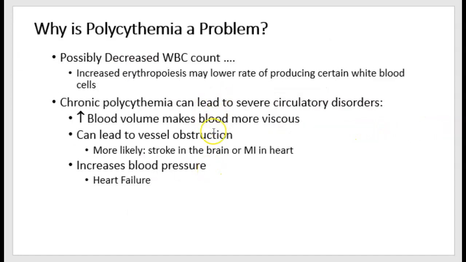So let's look first at polycythemia's problem. Why is that a big deal? Well, you might also get a decrease in white blood cell count because it depends on which white blood cell you're talking about, but increased erythropoiesis might prevent the bone marrow from producing certain types of white blood cells.